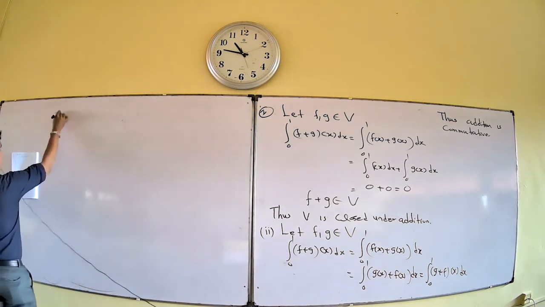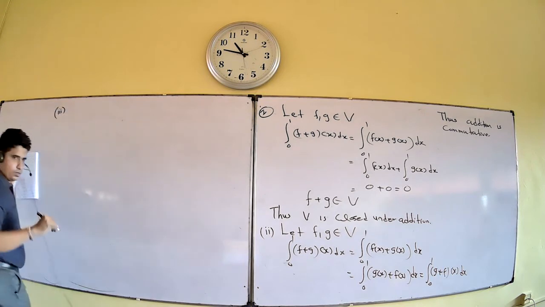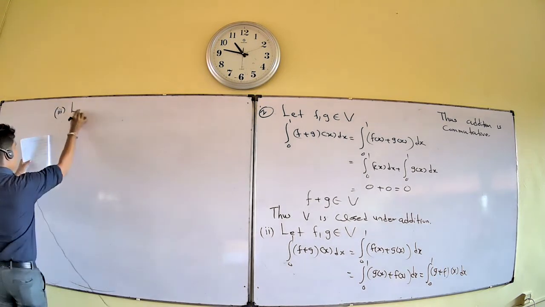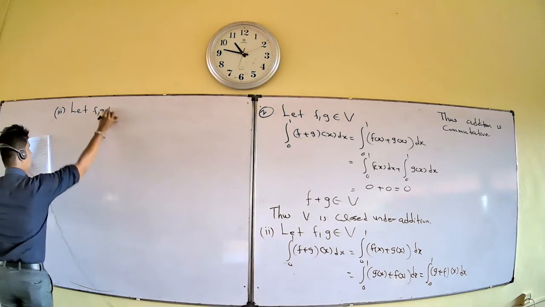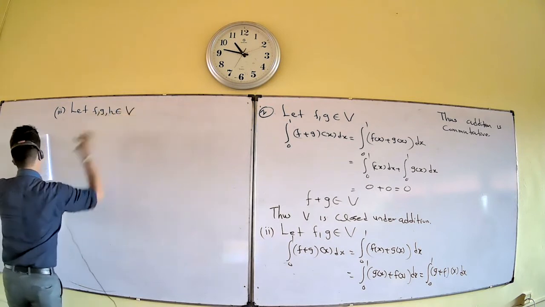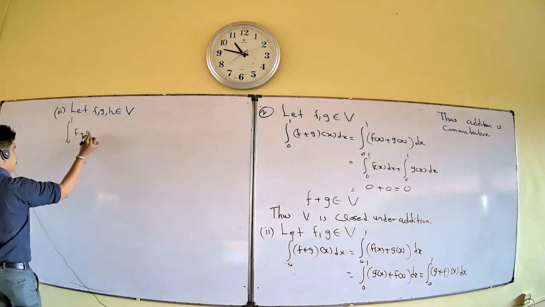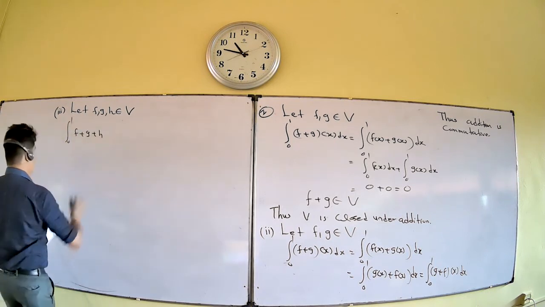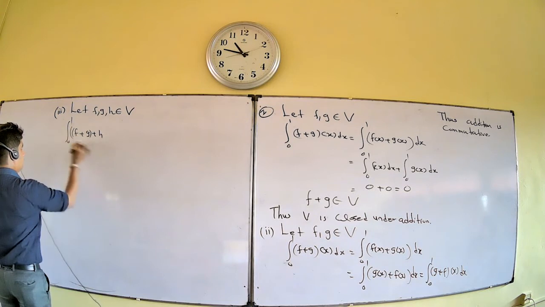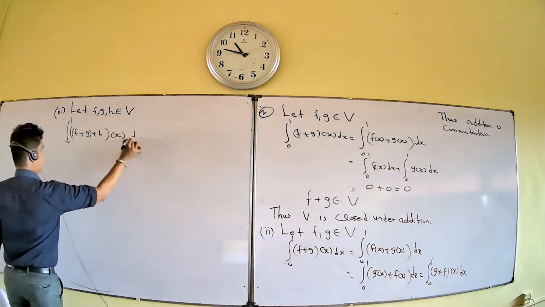For associative, let f, g, h in B. So you take this part, the integral from 0 to 1 of (f plus g plus h)(x) dx.